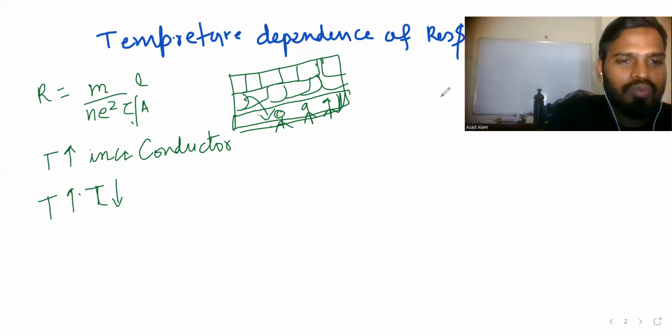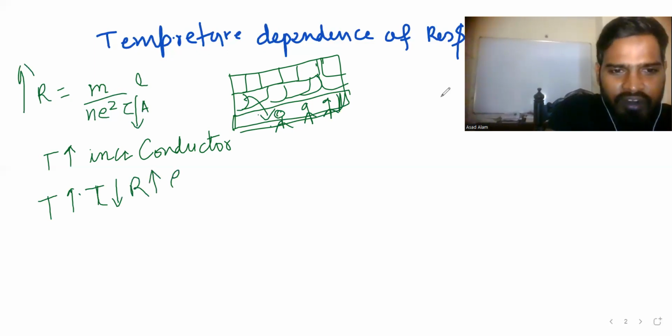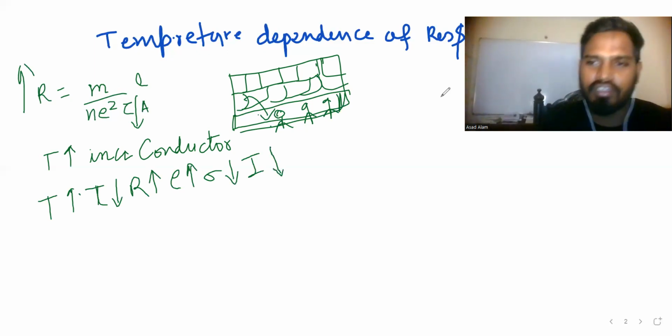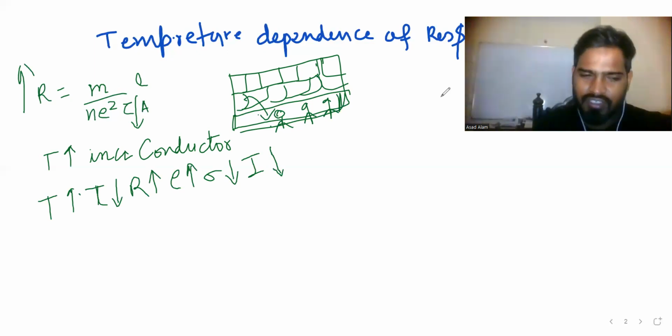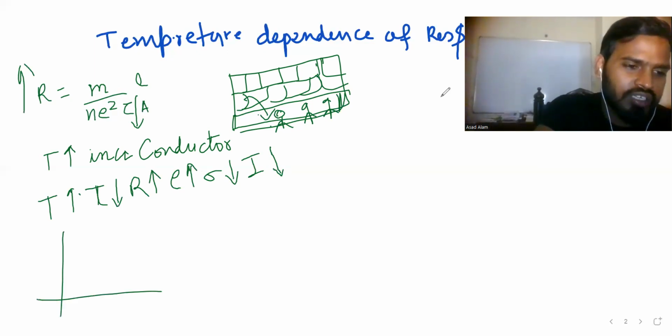If tau decreases, then resistance will increase. Simple. Resistivity will also increase. Sigma will decrease. Current will decrease. That's it, right?